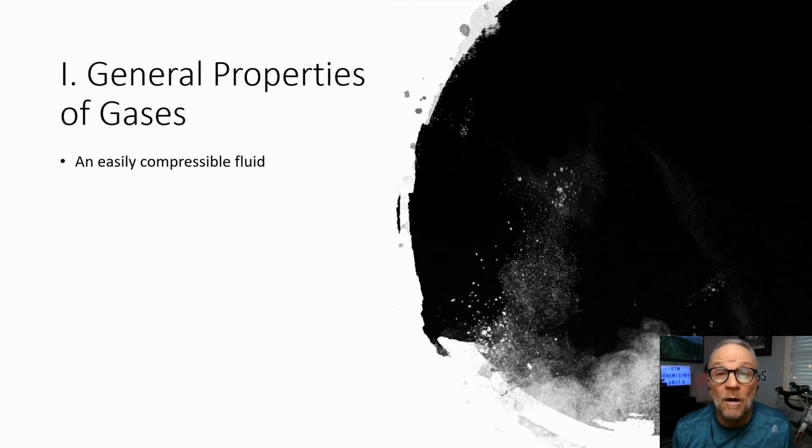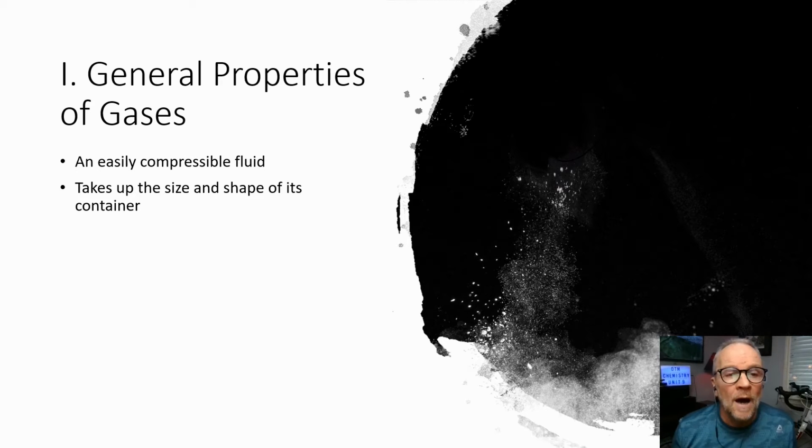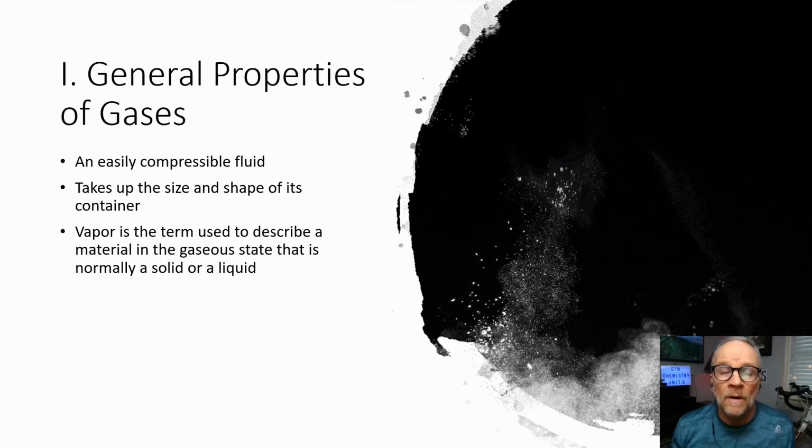Okay, so we're going to talk about some general properties of a gas. Gases are thought of as a fluid because they flow. They take up the size and the shape of their container, and they are easily compressed. Water, for example, is usually a liquid.